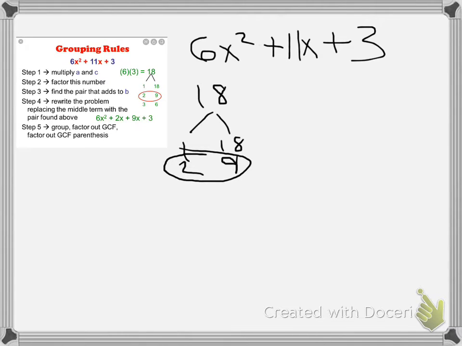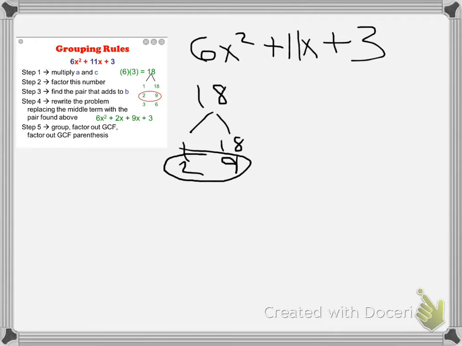What I'm going to do is I'm going to take those two numbers, the 2 and the 9, and I'm going to use them to break up this middle term. Okay? I'm going to use those two numbers, the 2 and the 9, to break up that middle term right there. And I'm going to switch my color, kind of make this a little less confusing.